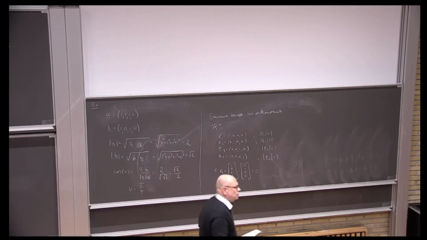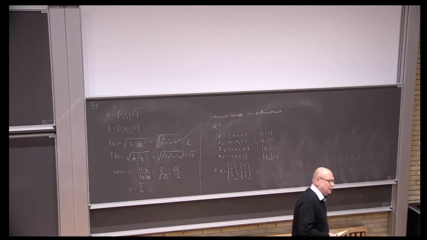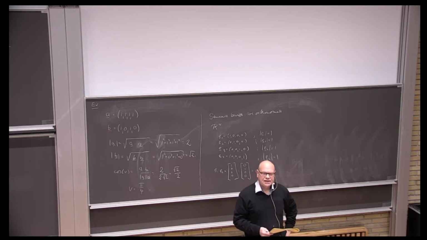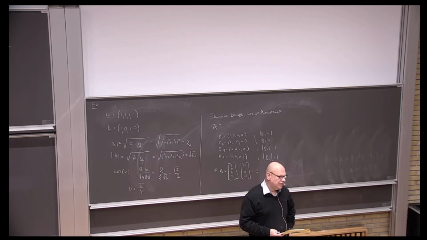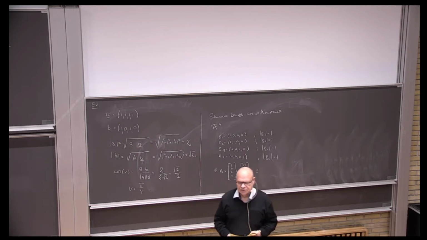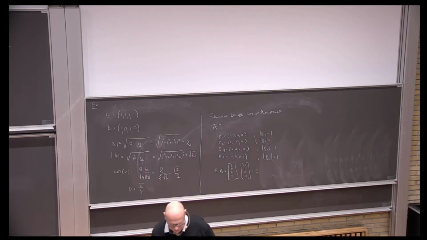Now, you will shortly need to be able to take a set of linearly independent vectors, and from this you should form an orthogonal set of vectors. In fact, an orthonormal set of vectors. And there is an algorithm for doing that.